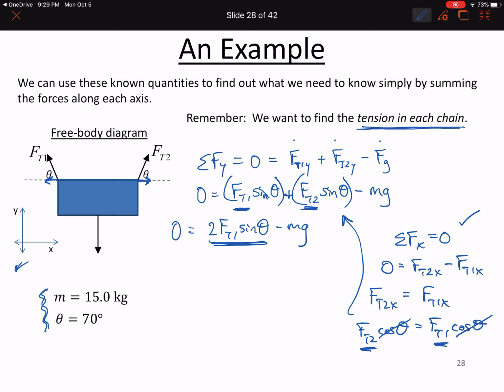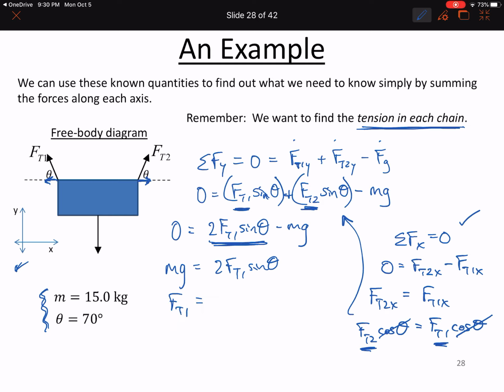Okay, just a couple more steps here. If we add mg to both sides, sorry for the handwriting, and then rearrange things so that we have the force of tension of the first chain all by itself on one side of the equation. Well, we have to divide both sides by 2 sine theta to get that.